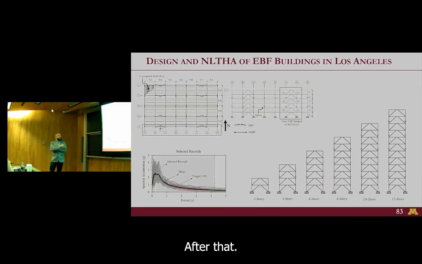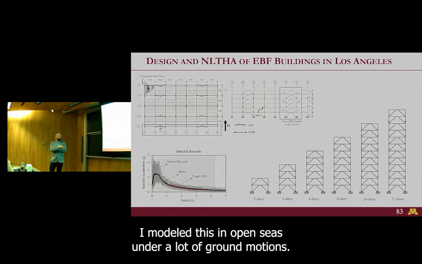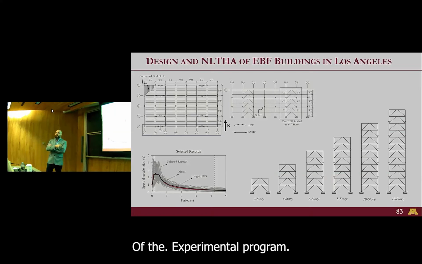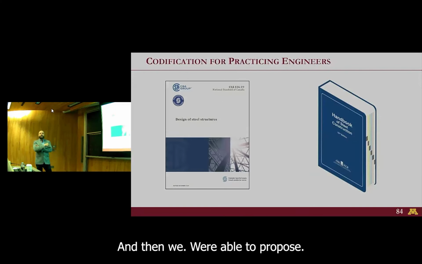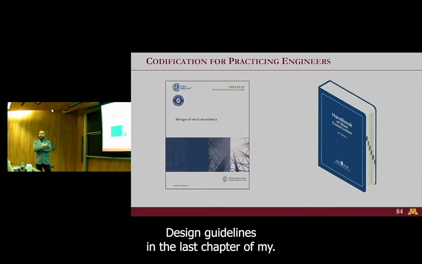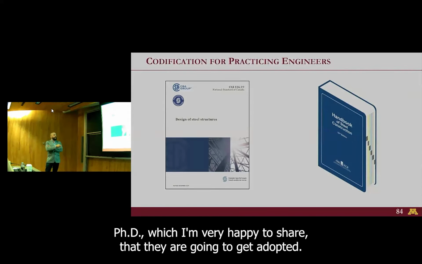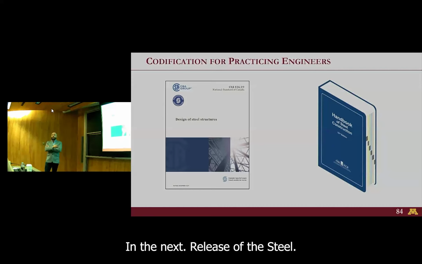After that, I did a comprehensive numerical study on the response of EBFs. I modeled these in OpenSees under a lot of ground motions to complement the findings of the experimental program. And then we were able to propose design guidelines in the last chapter of my PhD, which I'm very happy to share that they are going to get adopted in the next release of the Canadian Steel Code, CSA S16 2024.